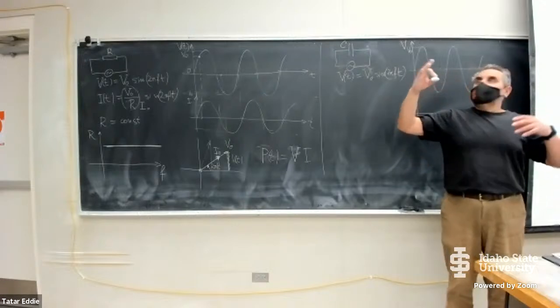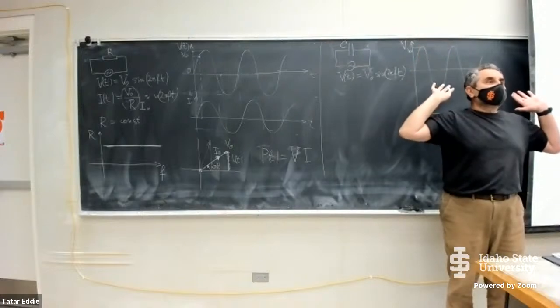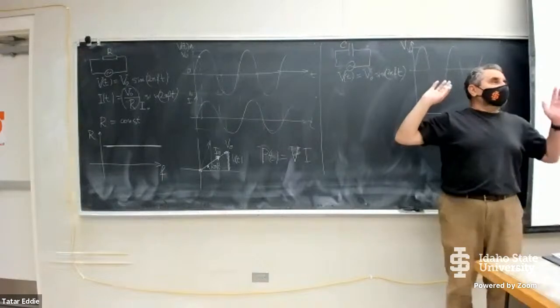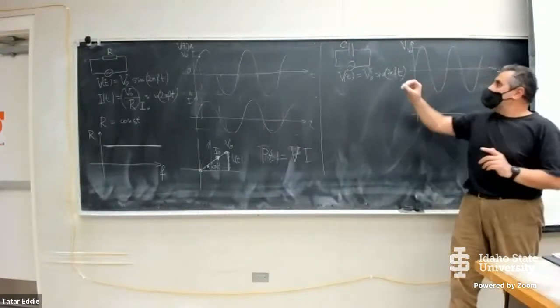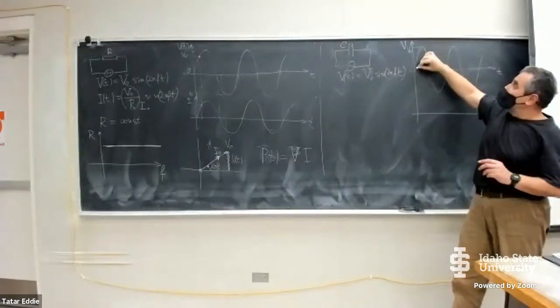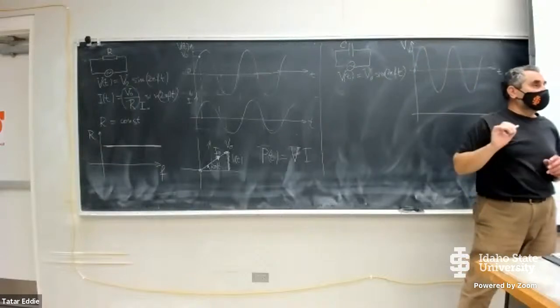Zero voltage, the capacitor is not charged. But look what happens. When the voltage starts increasing at the next moment of time, you start here, and the voltage starts increasing.